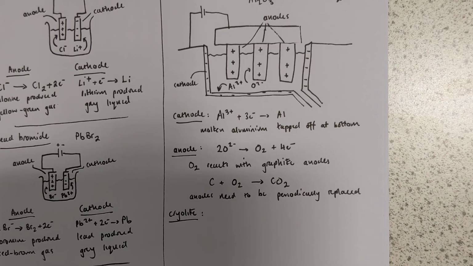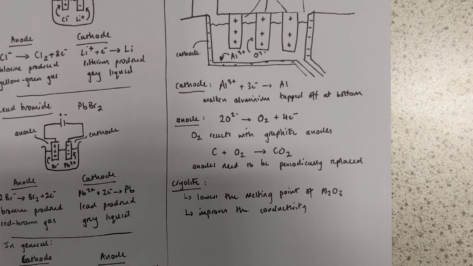The first, most important one is that it lowers the melting point of aluminium oxide, alumina, which means you don't have to heat it as much to get it to turn into liquid, which saves you a bit of money and makes it a bit safer. The other thing it does is improve the conductivity of aluminium oxide and allow the electrolysis reaction to take place a little bit more quickly.